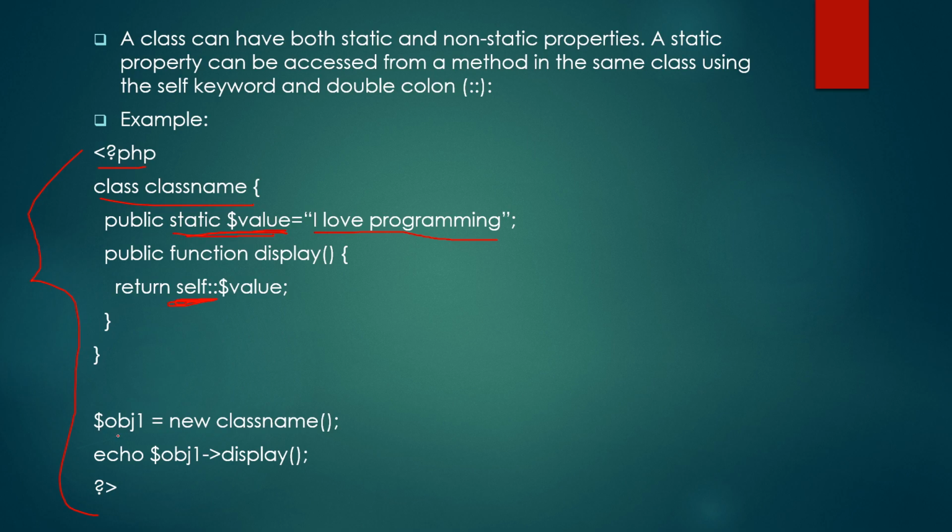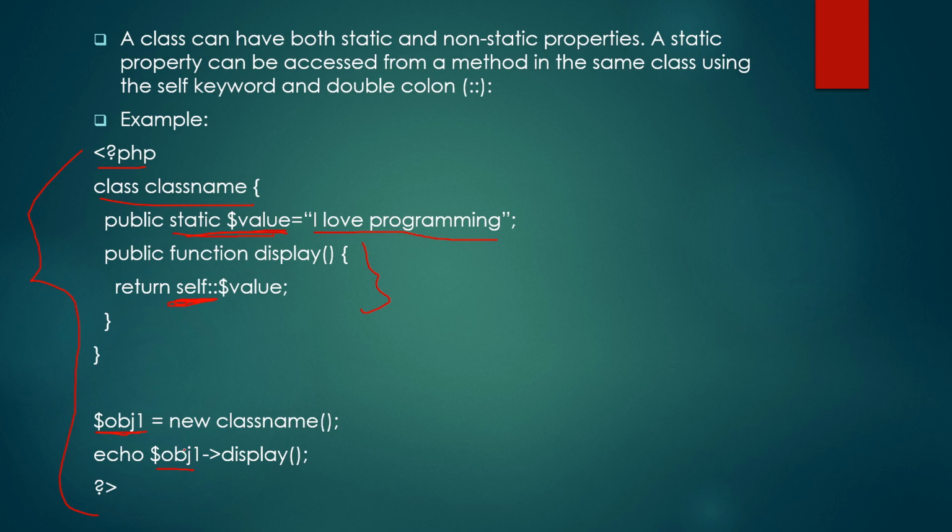Then we created the object, and through this object I am trying to access this method. Now this method is not static, so in order to access this method, I will have to create an object. If the method was also static, then I won't have to create any object.